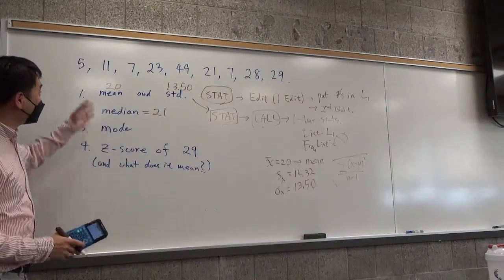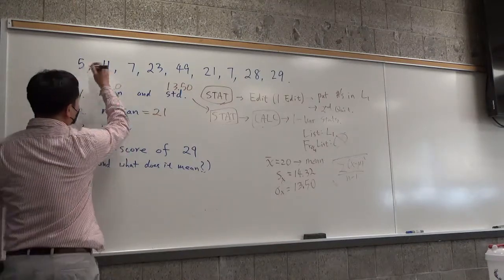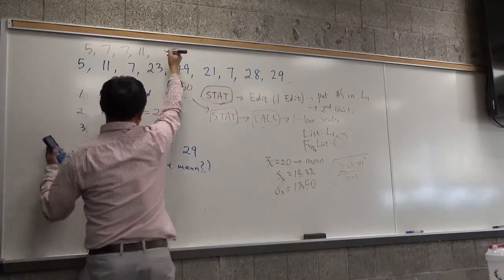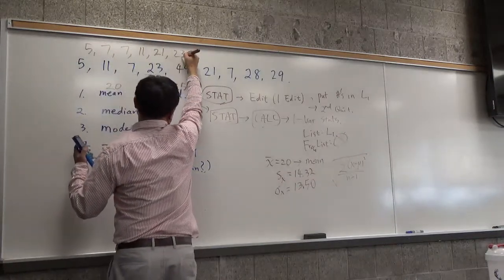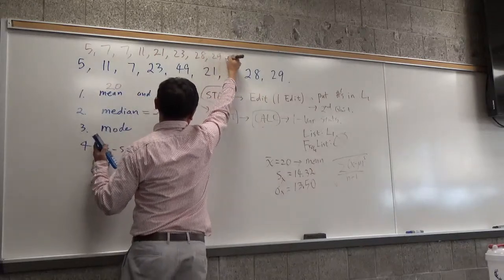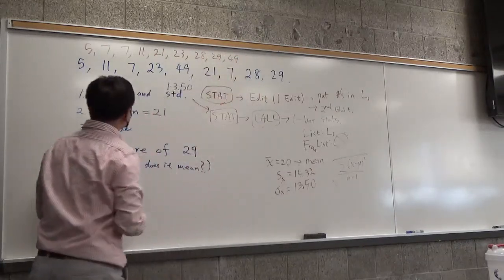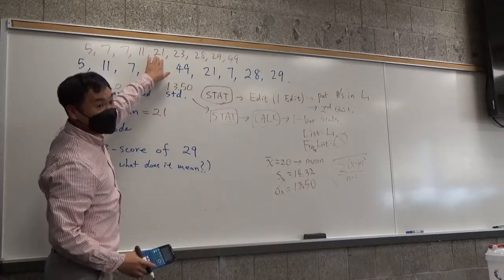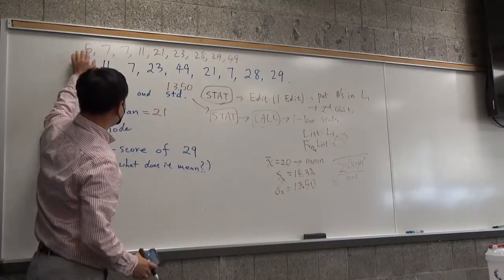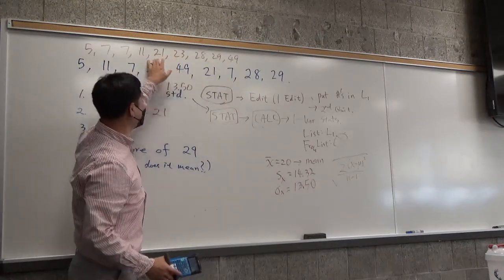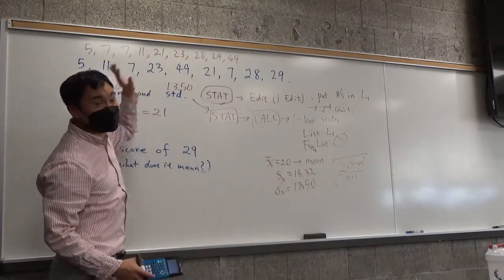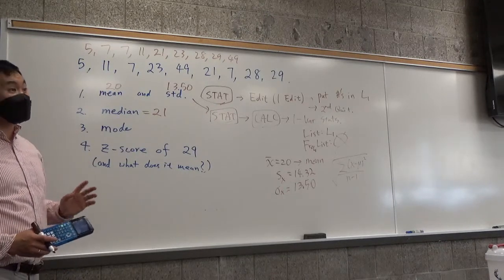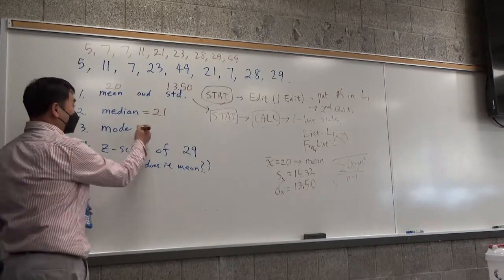Or you could just order this from the least to the max: 5, 7, 7, 11, 21, 23, 28, 29, 49. If you see this, you can see that 21 is right in the middle, right? You have 4 that's less, 4 that's above, so that is indeed the median. Okay, what's the mode? 7, yes, because that's the one that's repeating the most.